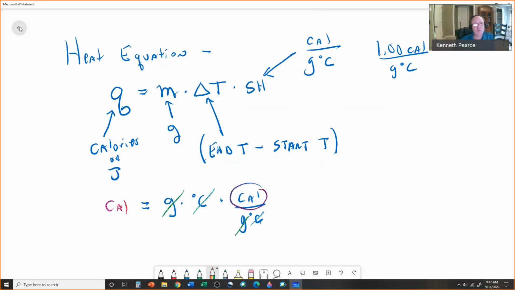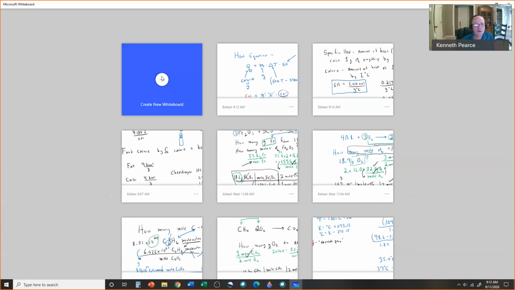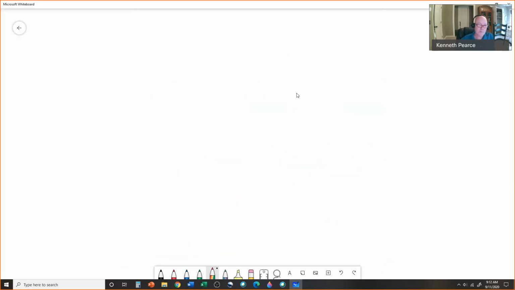So let's do an example of using the heat equation. Let's say that we have a sample of iron.